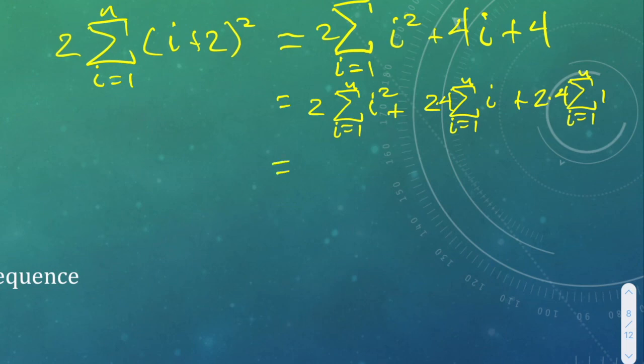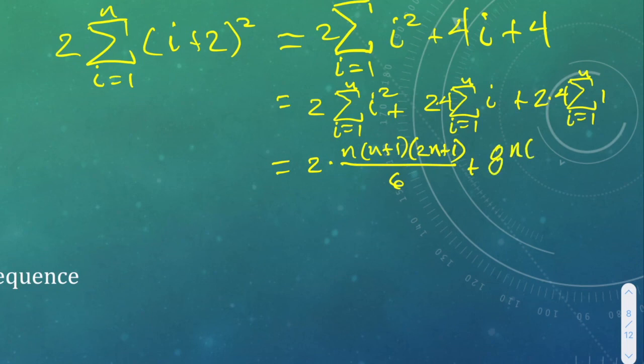So as we evaluate this now, this all looks like this: 2 times n plus 1 times 2n plus 1 over 6, plus 8 times n plus 1 over 2, plus 8n.